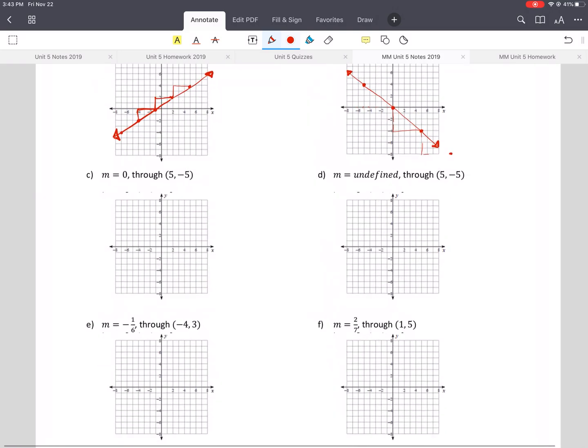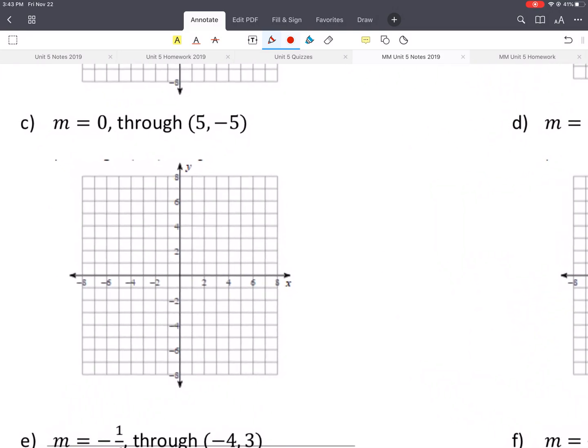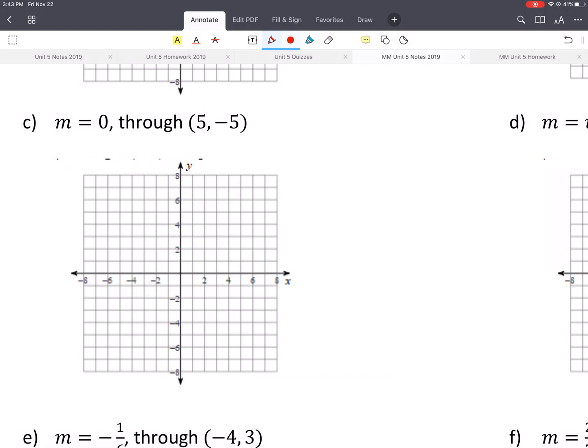C and D are a little different, so let's look at that. Here we have a point 5, so we'd go over 5 and then down 5. And then it says slope of 0. A slope of 0 is just a horizontal line, right? If you were to write rise over run, 0 would be your rise over anything.